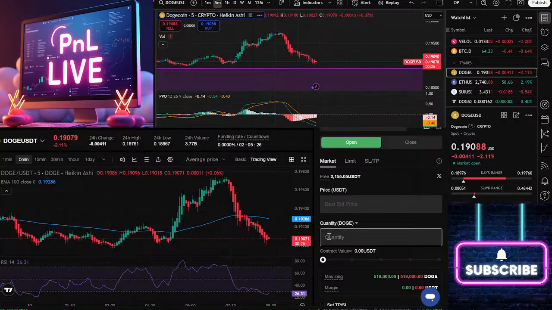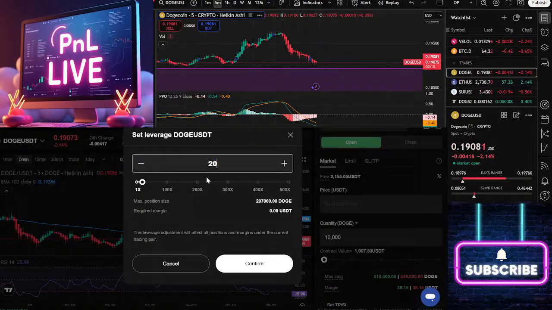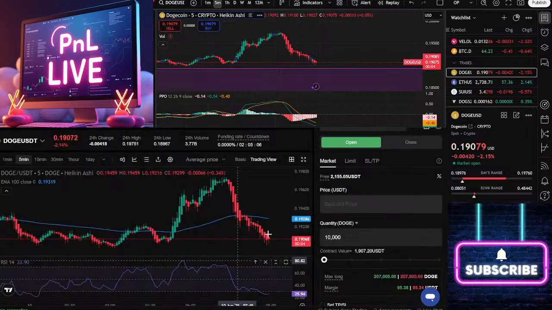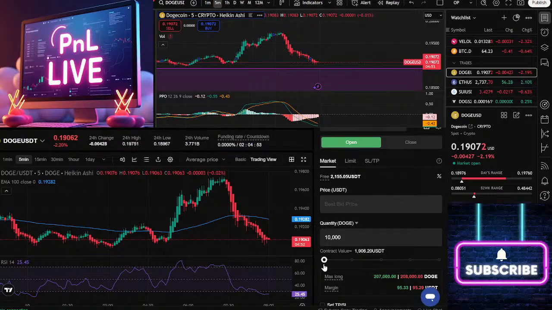Alright, so I'm setting my contract right now. It looks like it's starting to turn around. Set my leverage to 20x. Yeah, it's looking like it's about to turn around. So if this candle closes red right now, looks like it just did. It's a hammer candle.